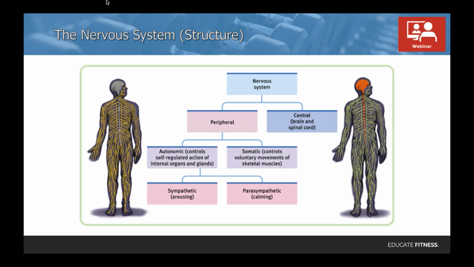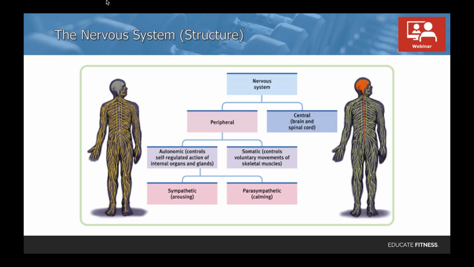And if you can see here, this autonomic branch branches off further into our last 2 branches of the nervous system. So your controls of your internal organs and glands can be controlled by either your sympathetic nervous system or your parasympathetic nervous system.